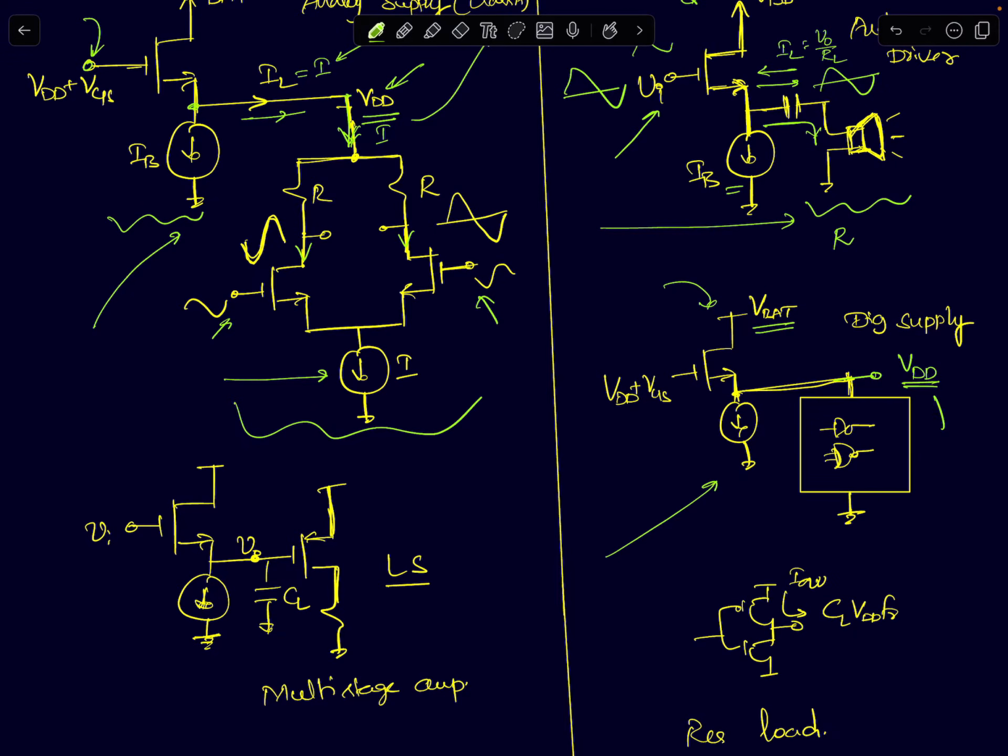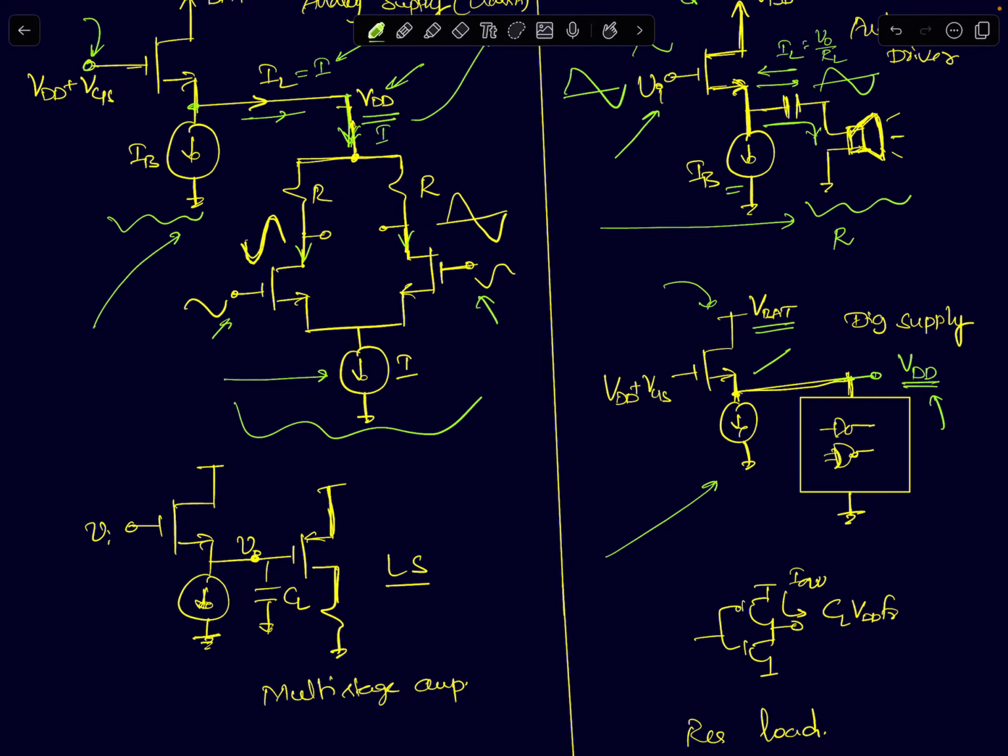If I use the word clean supply VDD, it just means that you need to generate a voltage with a very low impedance. Generally, we know source followers are known to have very low impedances. So it's a structure which is commonly used if you want very low output impedances. If you can recall some of the older lectures where we discussed source followers, we said a source follower acts like an impedance transformer.